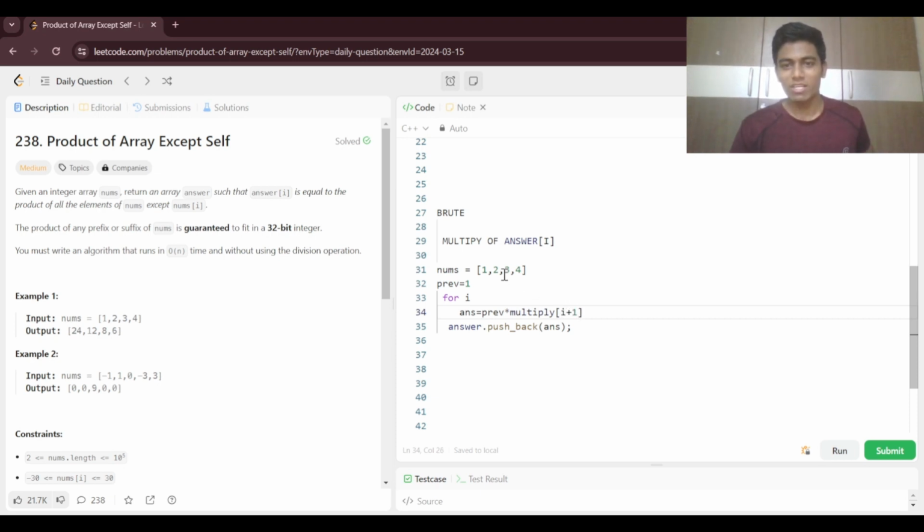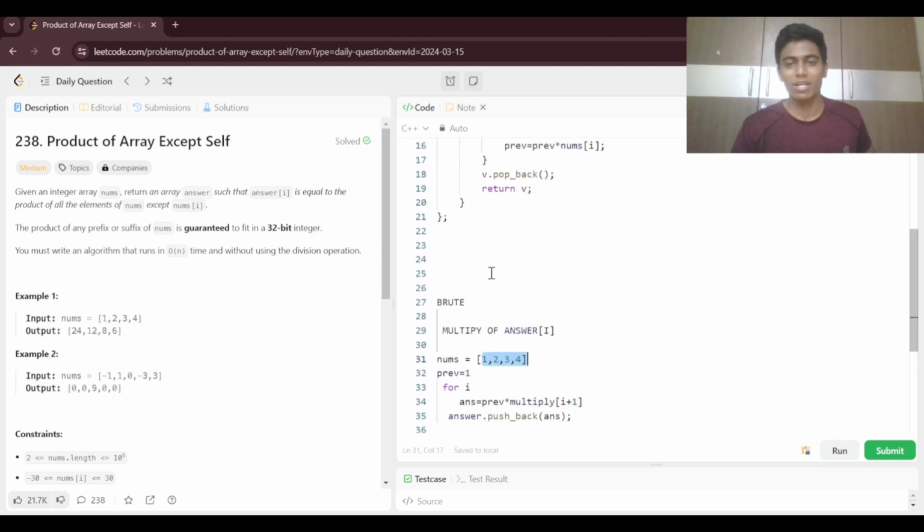Why? Because we need the multiplication of all the elements which are to the right. This will store all the multiplication of elements which are to the right. Suppose for this it is going to be 4, and then for this it is going to be 12, and then 24, and then again 24. Why? Because we are multiplying again and again.